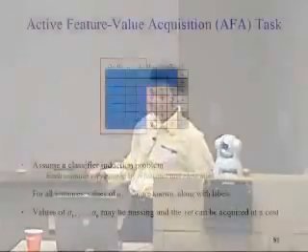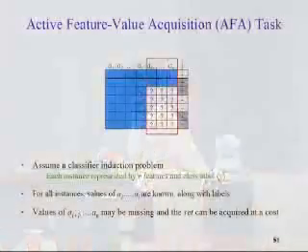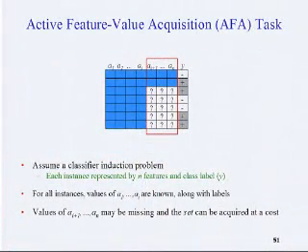Here's a more formal definition of this task, which we call active feature value acquisition. And here we assume, again, a classifier induction problem represented by this matrix, where each instance is represented by n features and a class label. And for all instances, we know the values of a particular set of the attributes, and we also know the class labels for all of these instances.